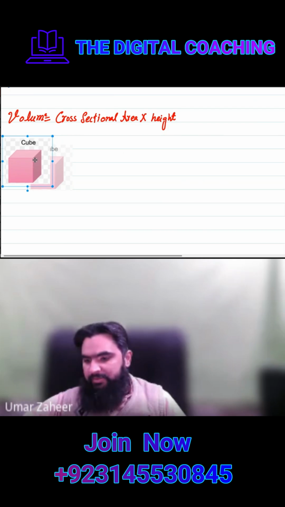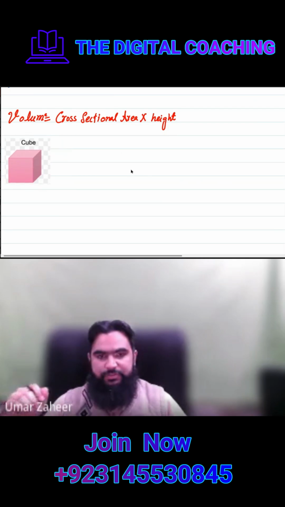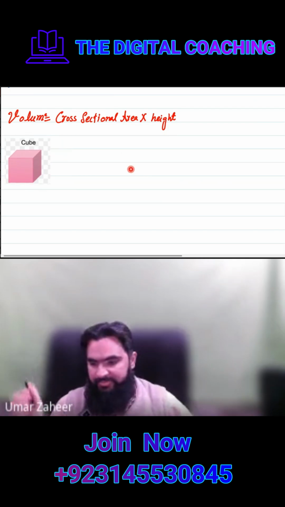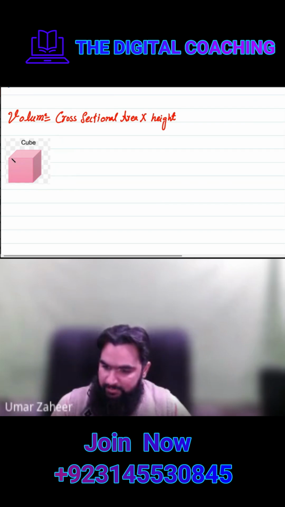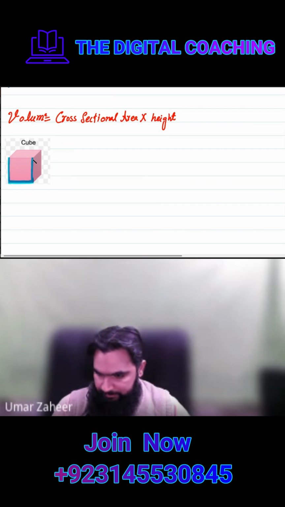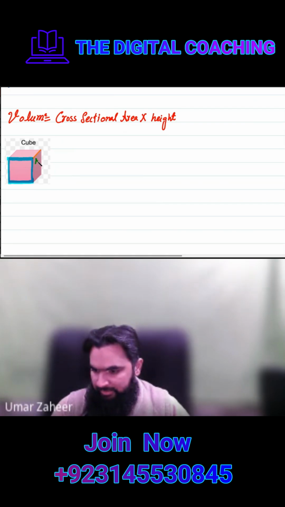All right. Now we have the first shape, that is the cube. For example, let's say this front area is the cross-section, so this will be the height of the cube.